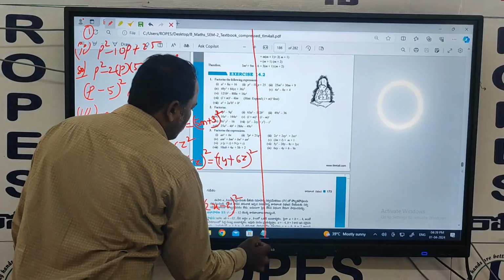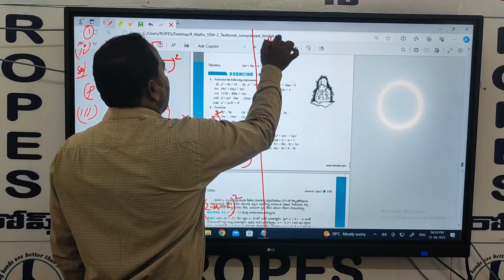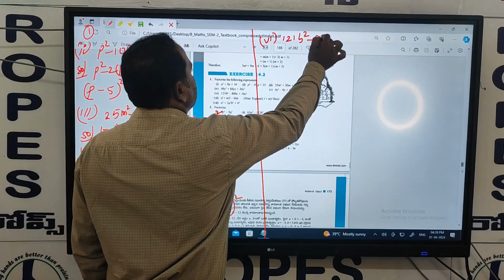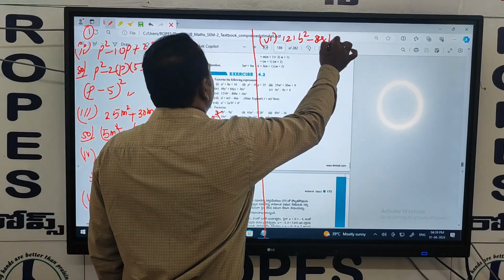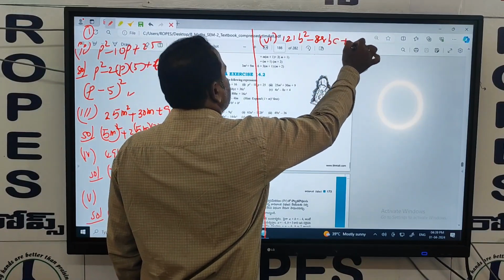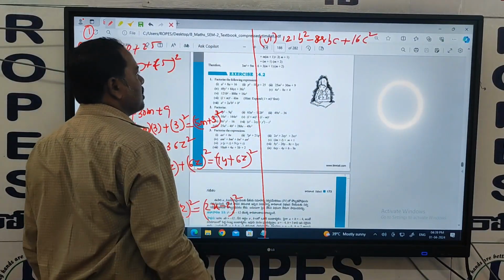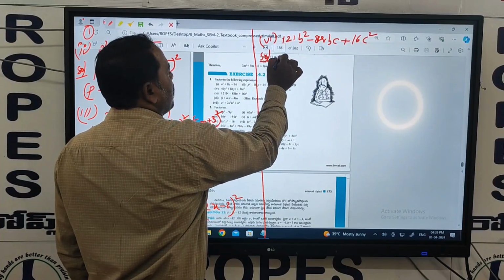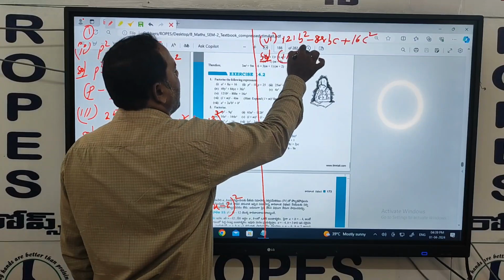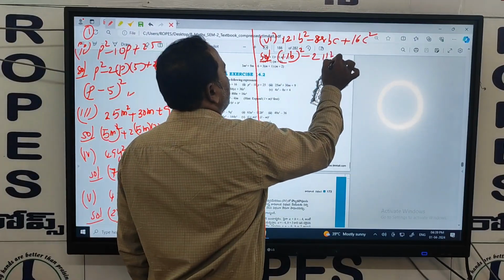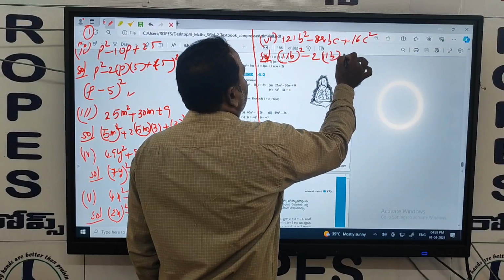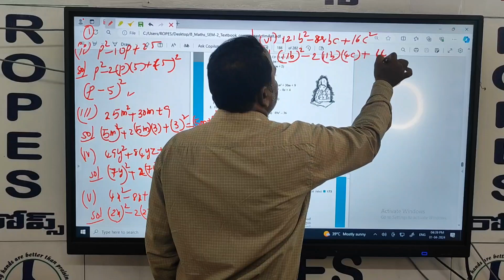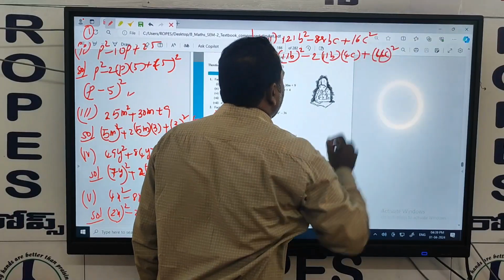Now if you go to the sixth sub-question, see 121b square minus 88bc plus 16c square. We can write 121b square as (11b) whole square minus 2 into 11b into 4c, plus 16c square, which we can write as (4c) whole square.